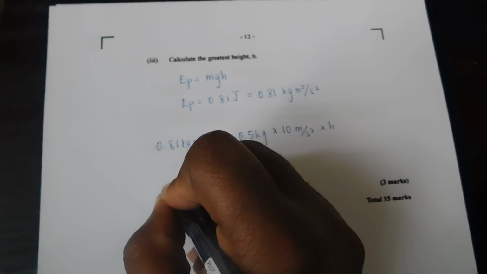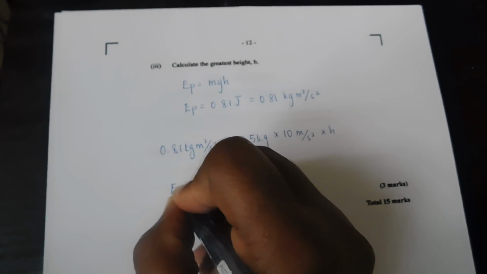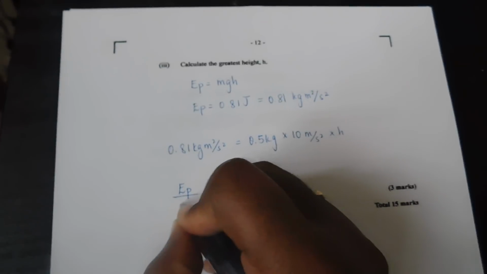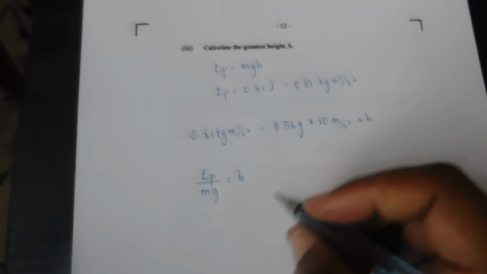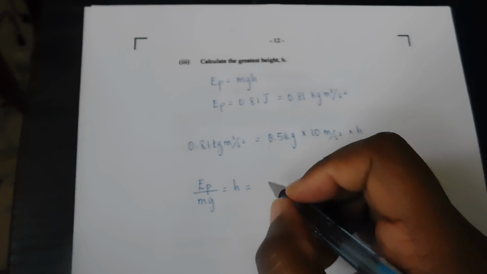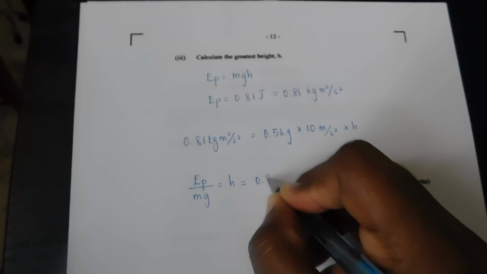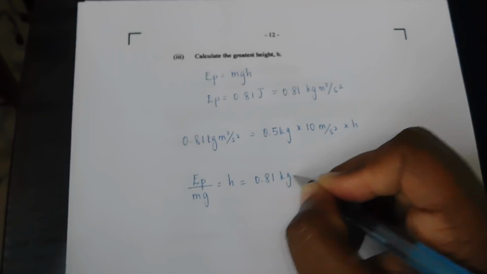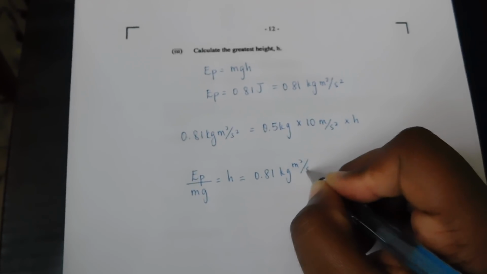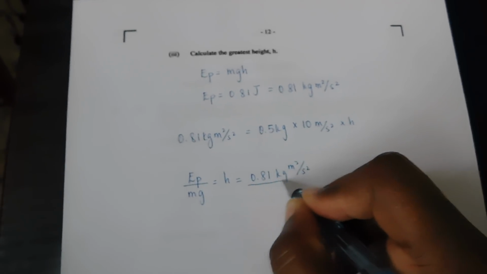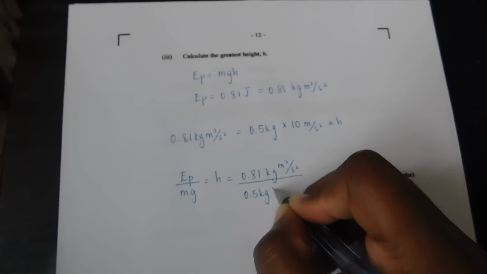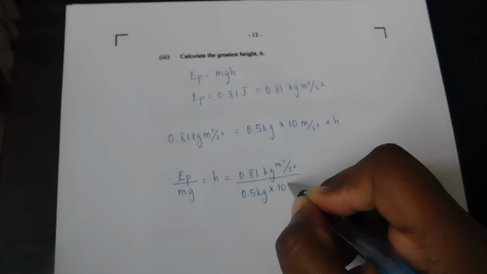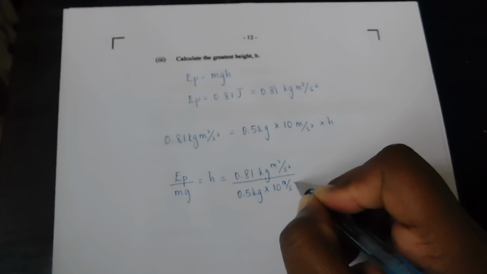And therefore, if EP over mg is equal to h, then h should be equal to 0.81 kg m squared over s squared divided by 0.5 kilograms times 10 meters per second squared.